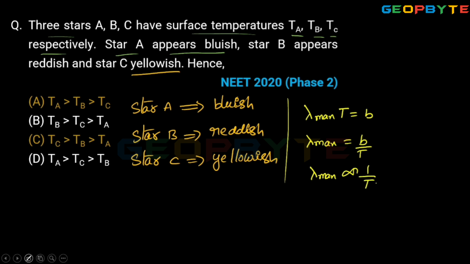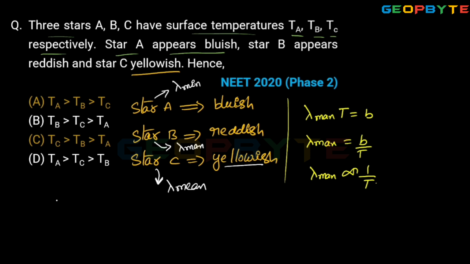As you know, for the star to appear bluish, it must have the minimum wavelength. For the star to appear yellowish, it must have the mean wavelength, average value, and the reddish one must have the maximum wavelength.